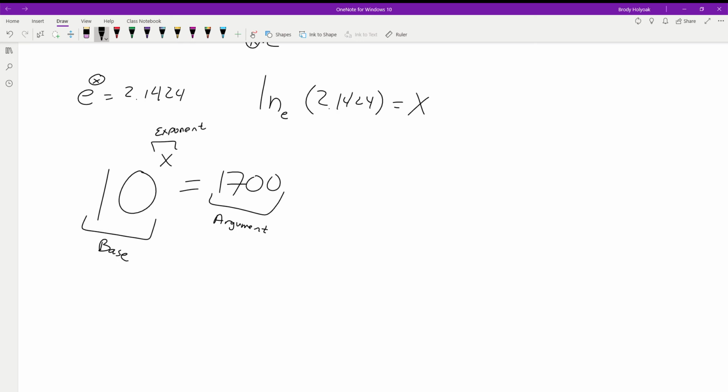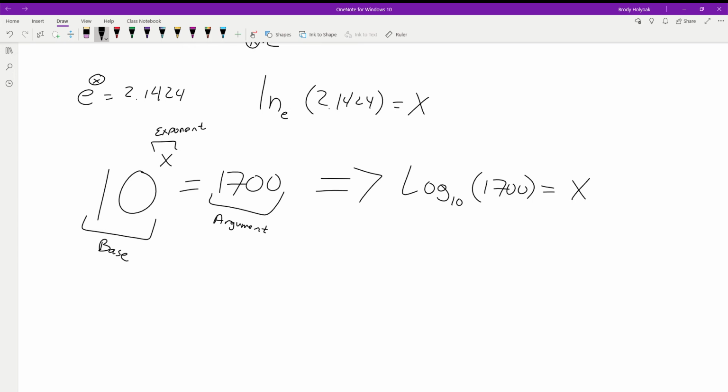We convert this from exponential form into logarithmic form so that we can solve this value. It could be a fraction, and we want to be able to get there. So we take our log of our base, in this case 10, times our argument, which is 1700, equals the exponent.